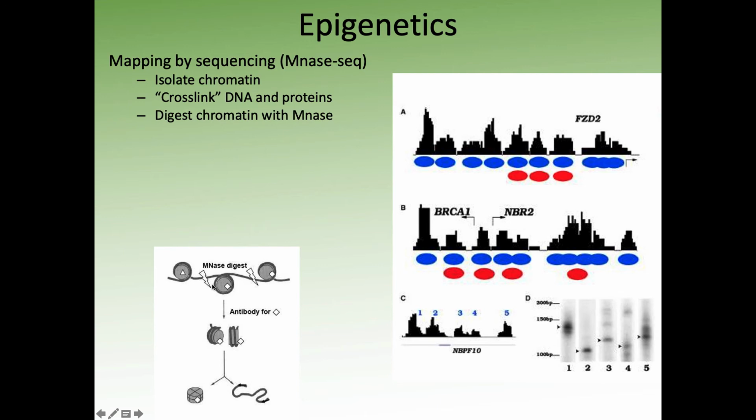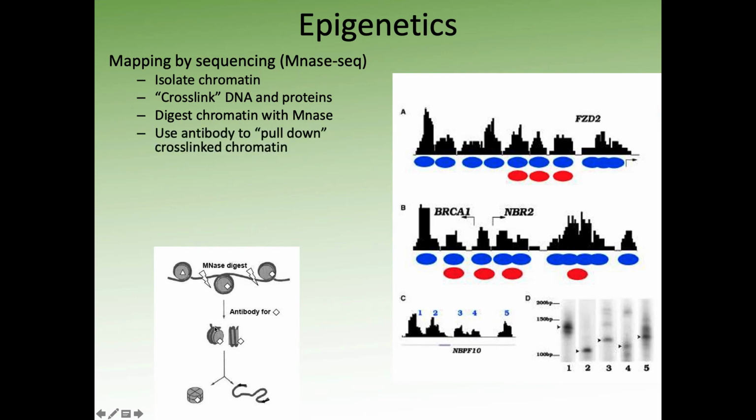And what the MNase digest does is it digests everywhere that isn't bound to a nucleosome. And so what it allows you to do is isolate the parts of the genome that had nucleosomes attached to them, right?